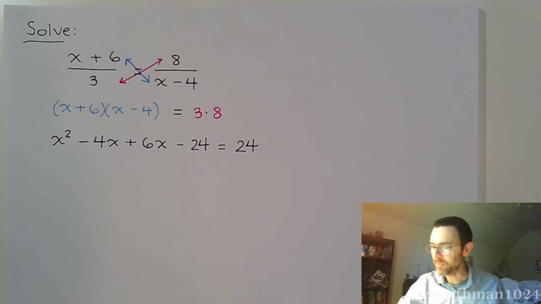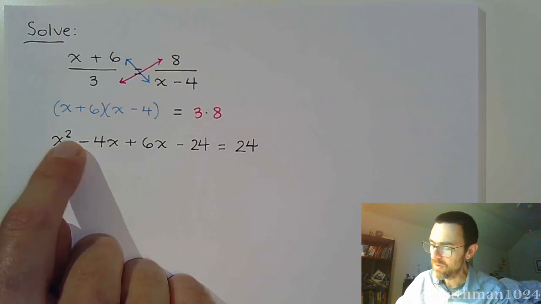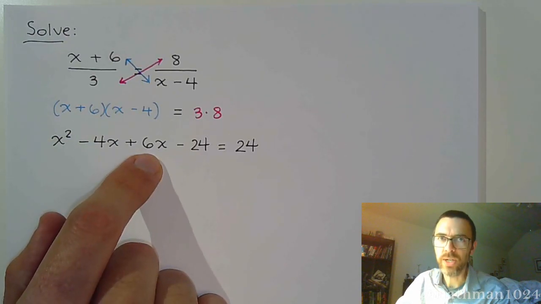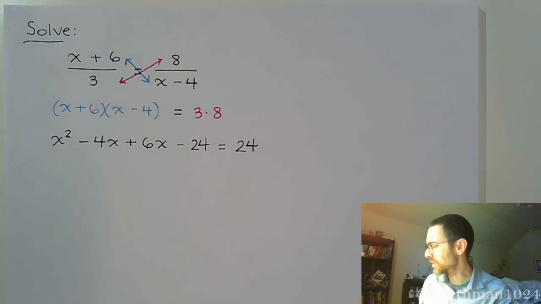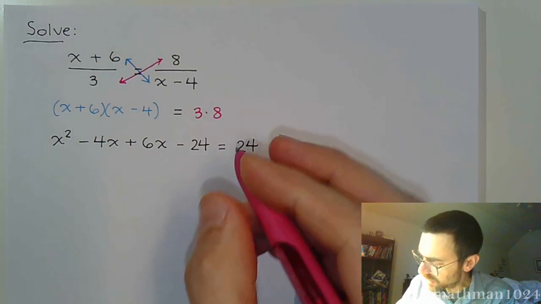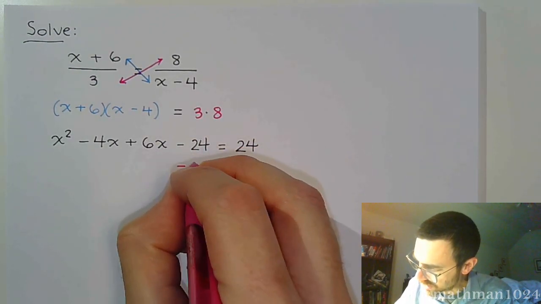Now that we have this, we recognize that since we have a square, this is quadratic. And we have a bunch of terms that contain x, so we're going to try to factor in order to solve this. Please don't go straight to the quadratic formula. We talked about that yesterday. We need to bring everything to the same side, so I'm going to subtract 24 to move things from the right side to the left.